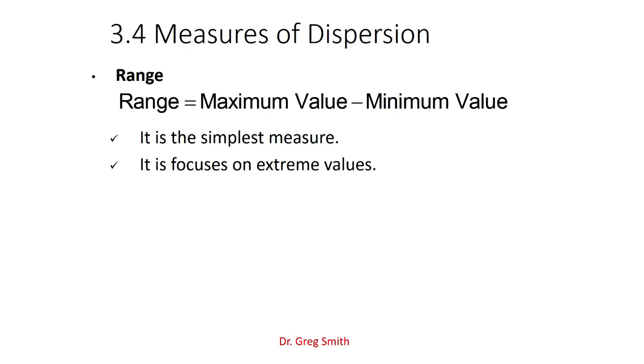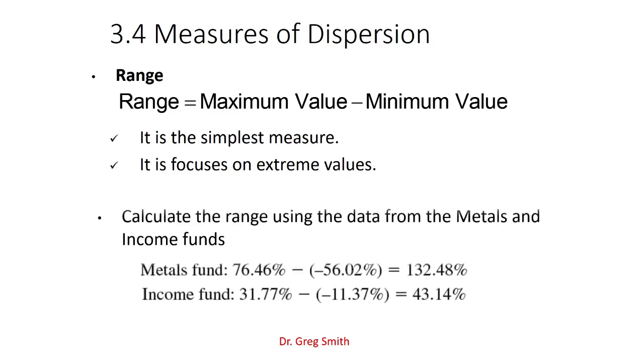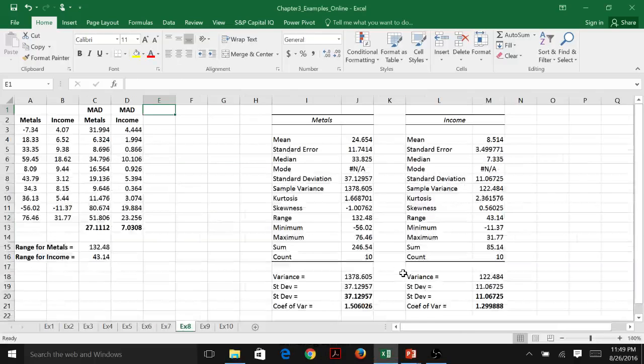So range is the simplest and easiest to calculate, but it's most sensitive to extreme values, much like the mean. When we have something like the metals fund and the income fund, as we saw before, the largest and smallest values matter.